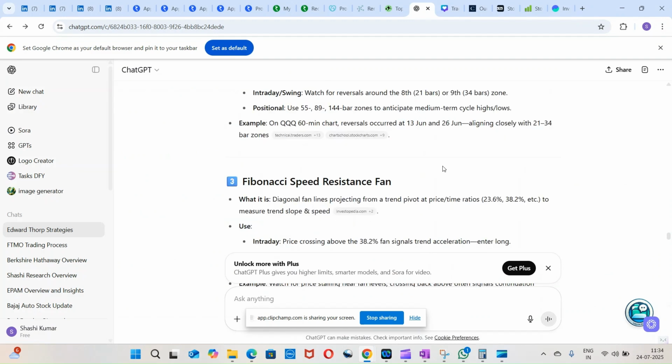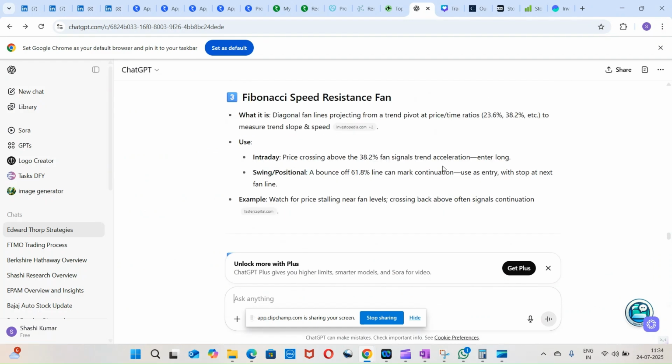Then we have the Fibonacci speed resistance fan, which is diagonal fan lines projecting from a trend pivot at price time ratios, again 23.6, 38.2, etc., to measure trend slope and speed. Okay, so how is this Fibonacci speed resistance fan used intraday? Price crossing above 38.2 fan signals trend acceleration.